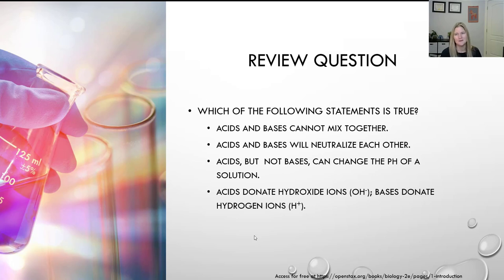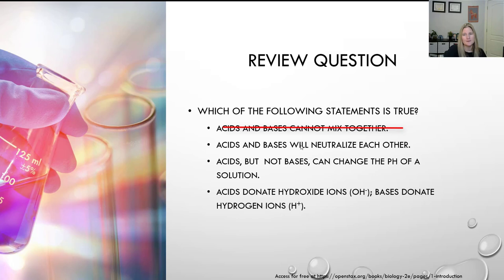Yeah, you probably don't want to do it in an enclosed space, but acids and bases can mix together. I mean, you can mix orange juice and soap and it'll mix together. That's something we can do. So this is a false statement. Acids and bases can mix together.